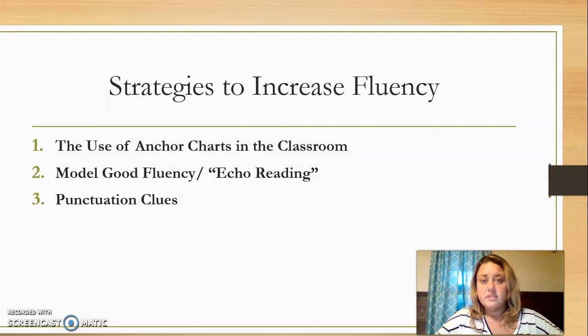And then you have the students reread or repeat this sentence back to you with the same type of expression. That way they learn the proper use of expressions and when certain types of expression would be used, if they would exclaim something while reading it, if they would ask a question a certain way.